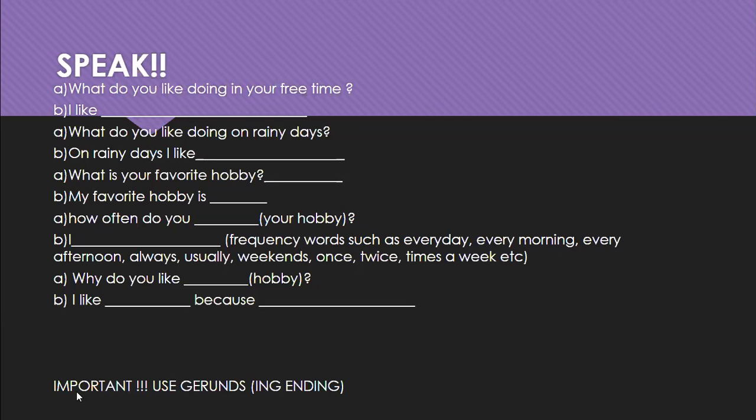What do you like doing on rainy days? On rainy days, I like watching movies. What is your favorite hobby? Well, then we complete it with, my favorite hobby is. How often do you, for example, sing?